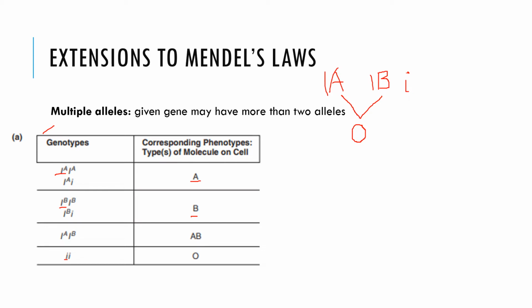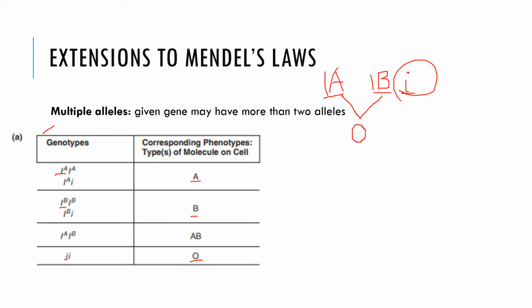Alleles A and B are both dominant to this one, and blood type O is therefore a result of homozygosity of this allele.